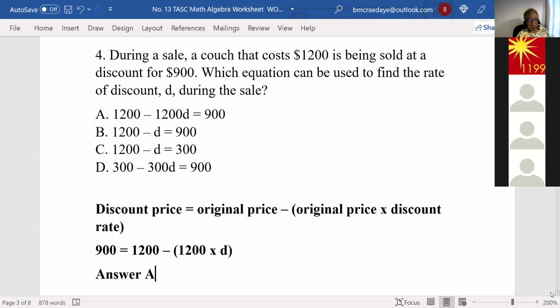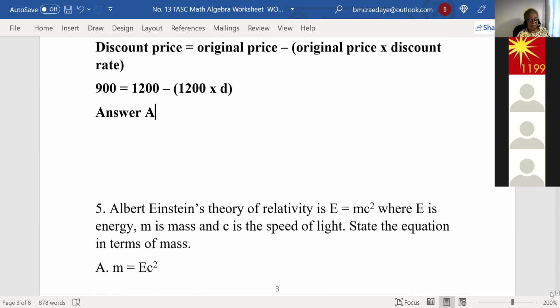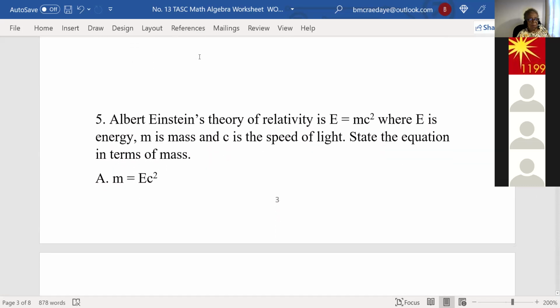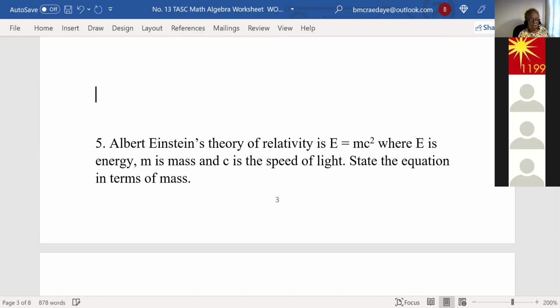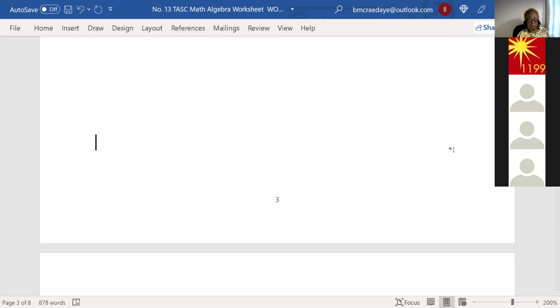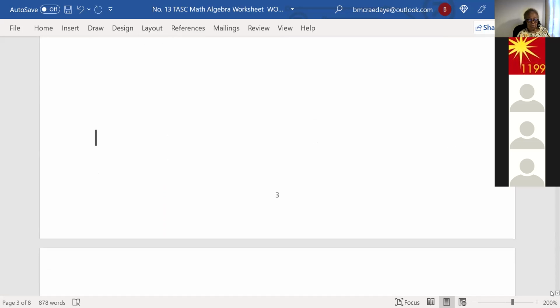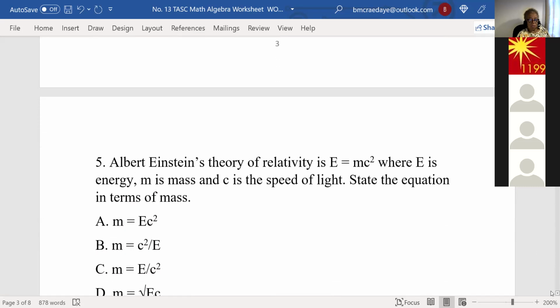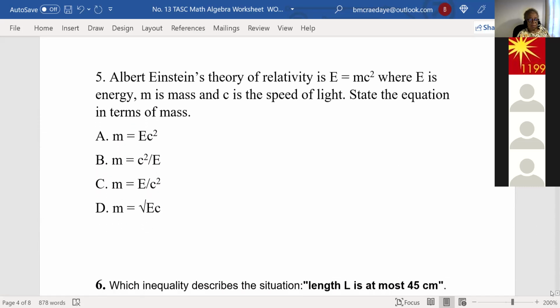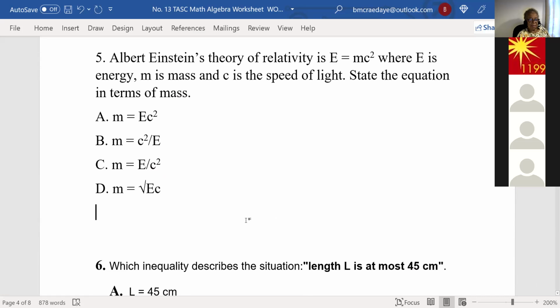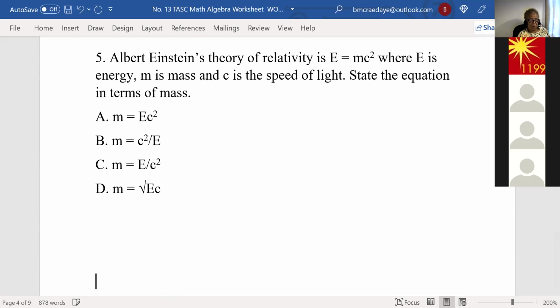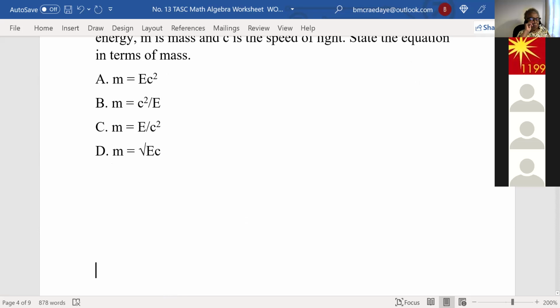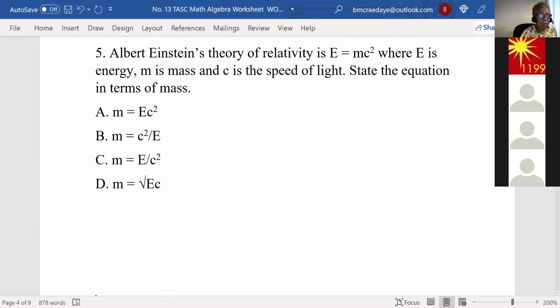Okay, let's go to number 5. Number 5 is an equation, and you just solve for one of the variables within the equation. That variable is mass. So let's put the equation, and you tell me, how do you solve for M?